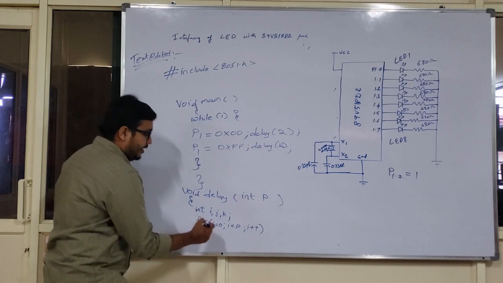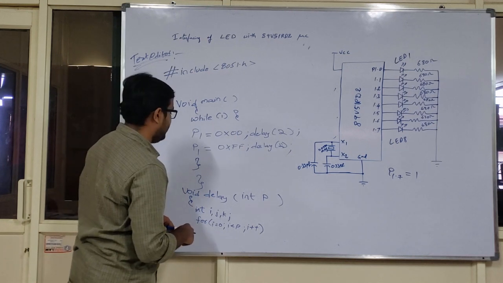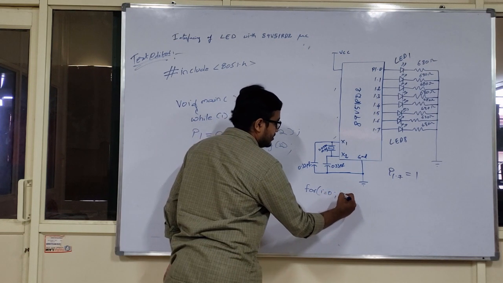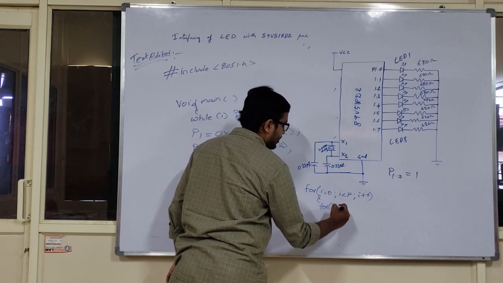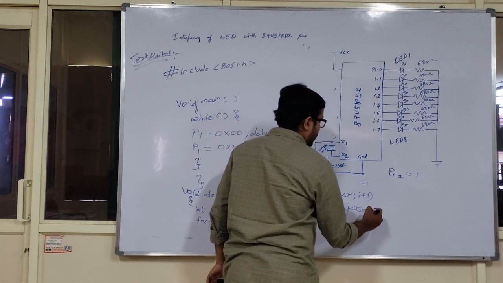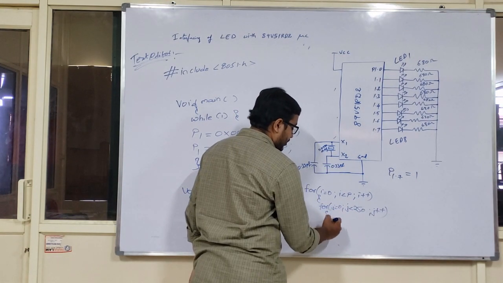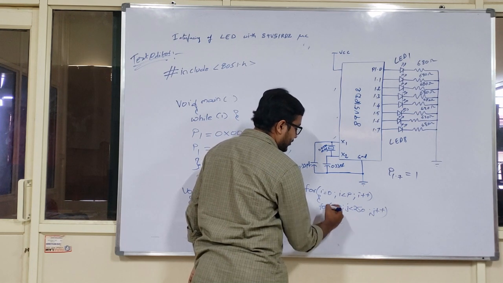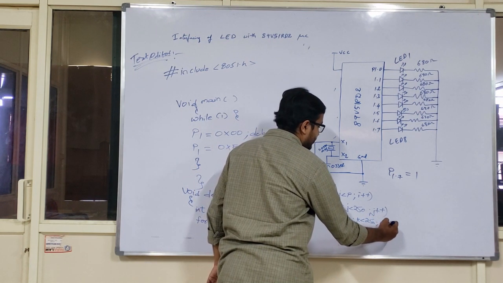Now again let me use 2 more for loops, for my convenience. For j equal to 0, j is less than some 255 or 250, whatever the value, j plus plus, whatever the value is in your hands. Next, one more for loop, for k equal to 0, k is less than 250, some value, k plus plus.